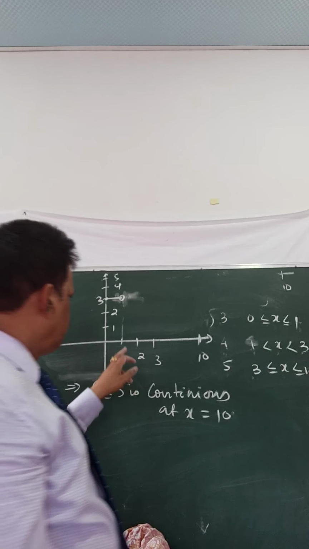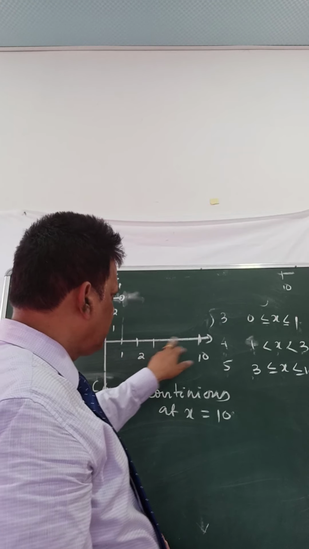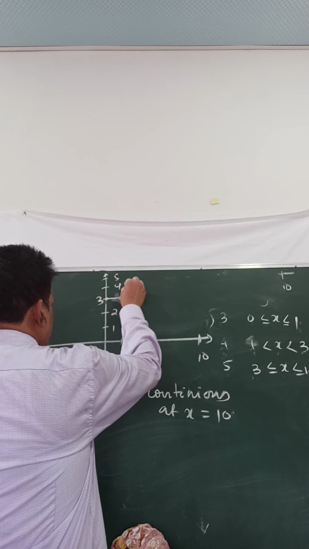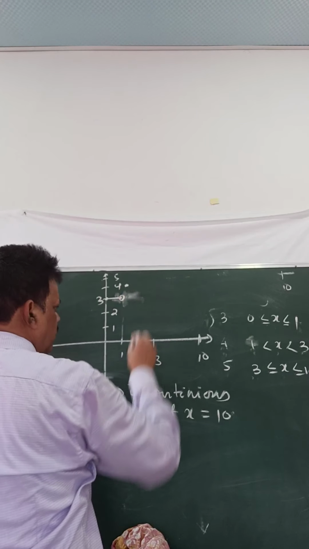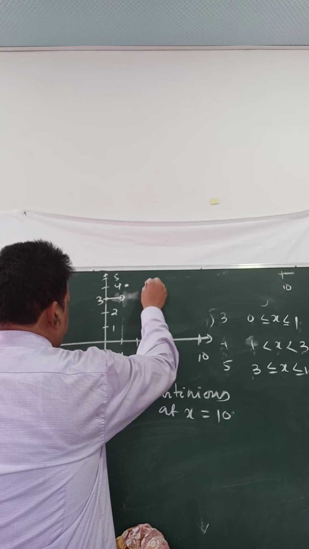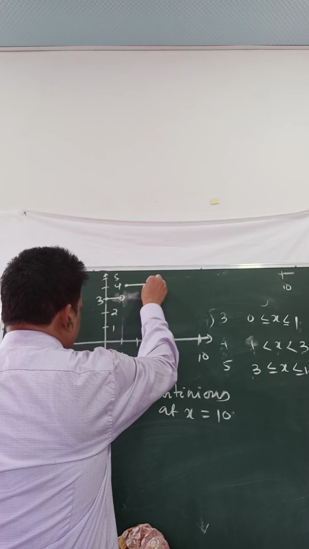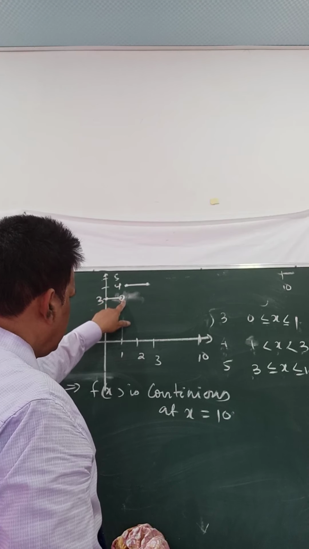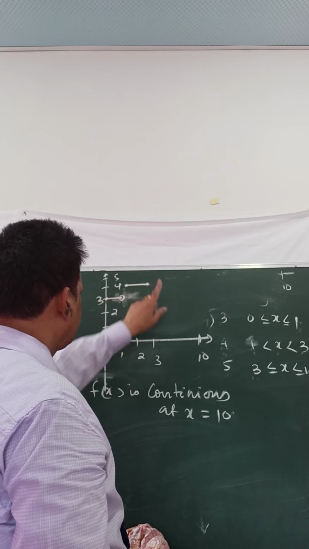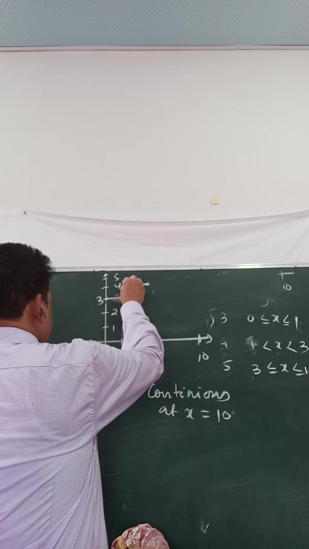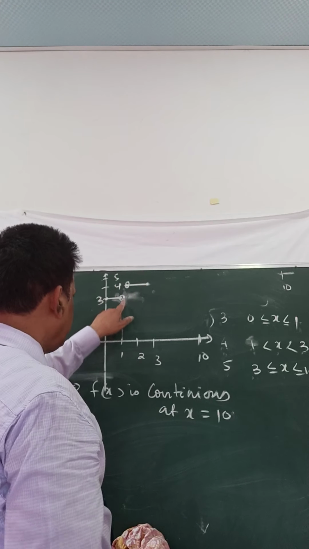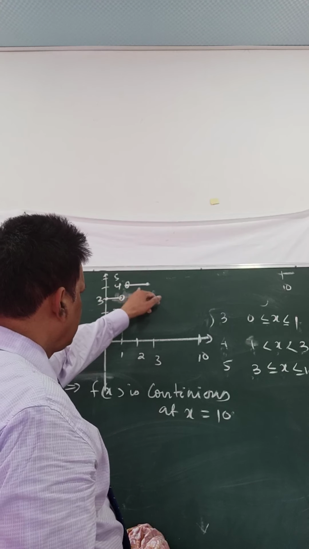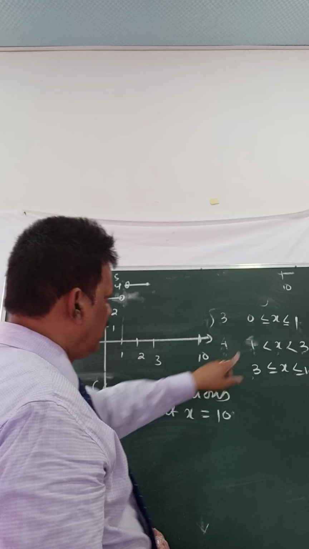Again from 1 to 3, the value is how much? 4. So this graph goes up to this. Round means the point is not taken.